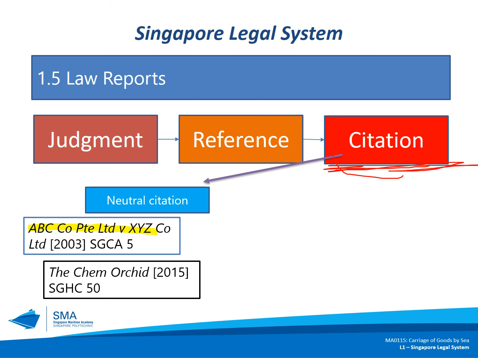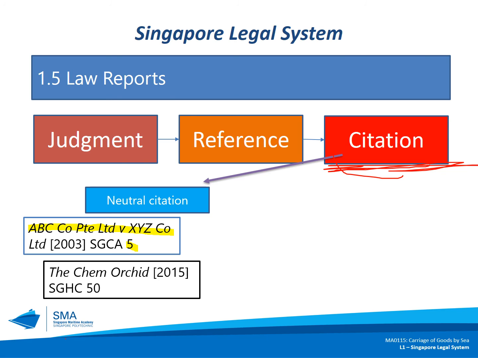So here you say it is ABC Company Private Limited. This is a case of ABC Company Private Limited and XYZ Company Limited decided by the Singapore Court of Appeal in 2003. It is the fifth Singapore Court of Appeal case. Right? This is how you can explain.